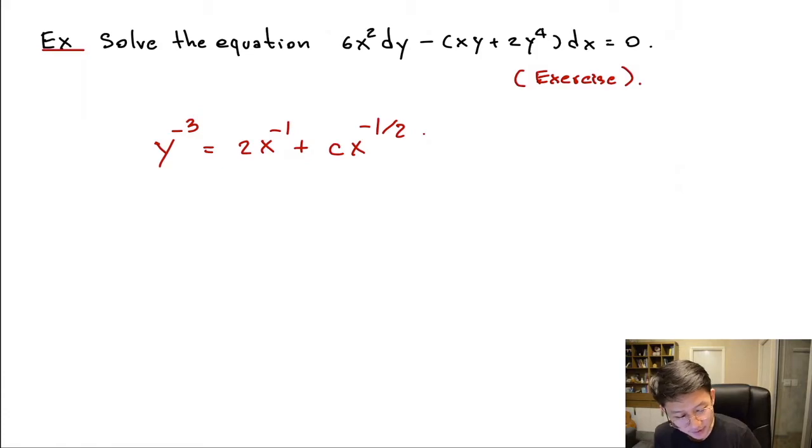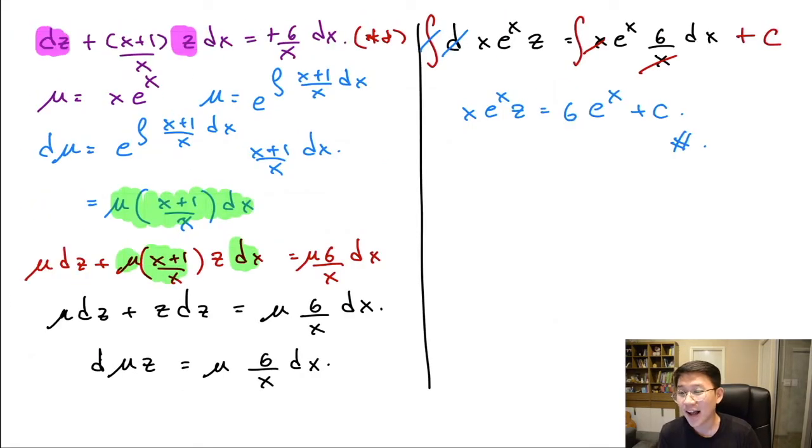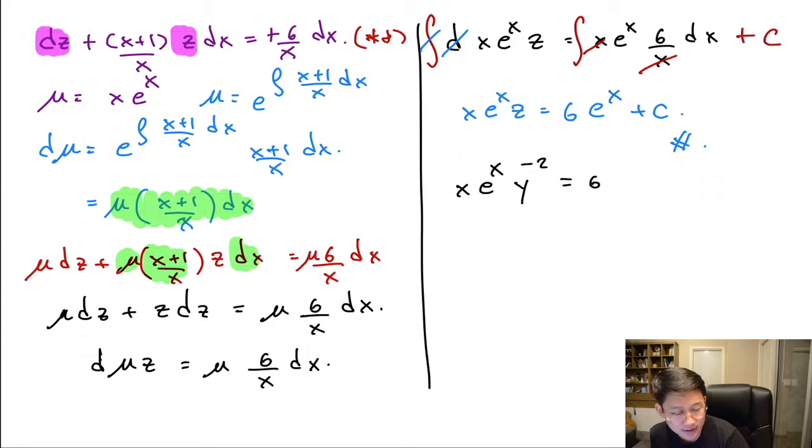Oh, in the previous question, I forgot the last step. Sorry, I forgot to substitute z back. So what I have is x e to the x y to the power of minus 2 equals 6 e to the x plus c. Sorry, this is not the last answer.